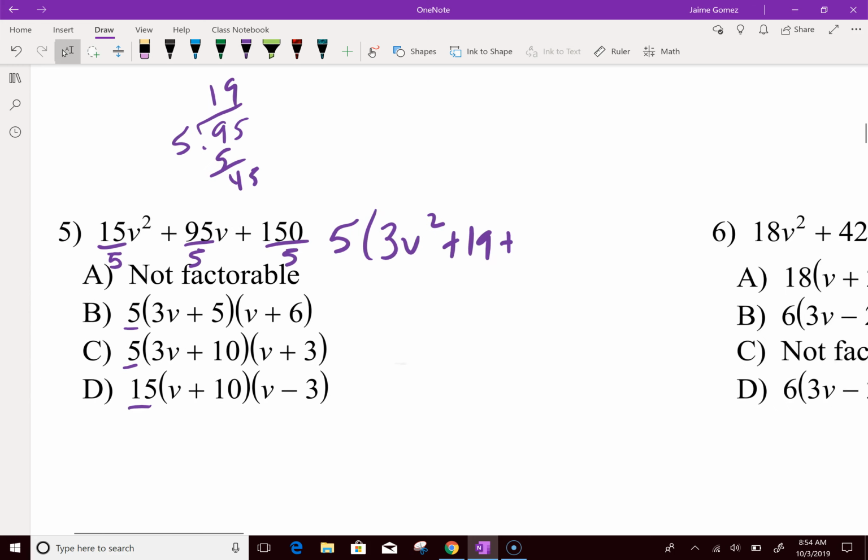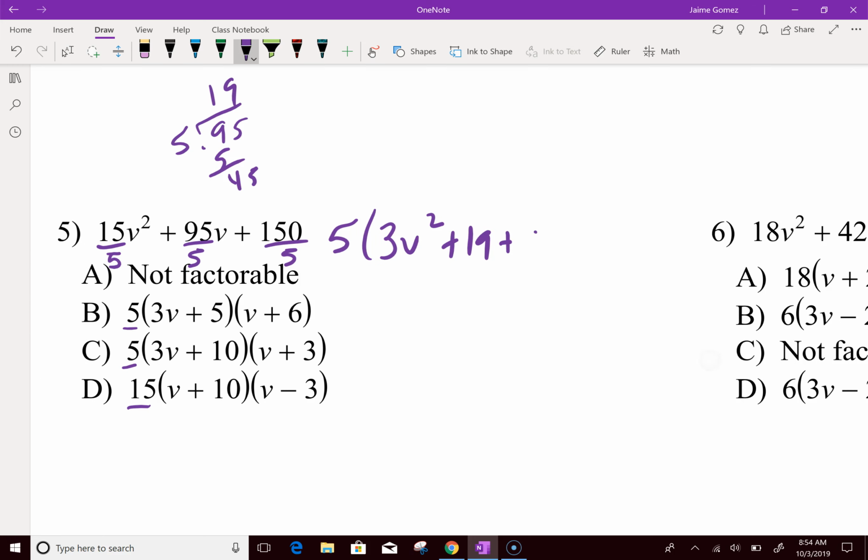Plus 150 divided by 5, 30. There we go. Now when the number in the front is not 1, remember we have to multiply it to the end. So we have, not 3 anymore, v squared plus 19v plus 30 times 3, which is 90.